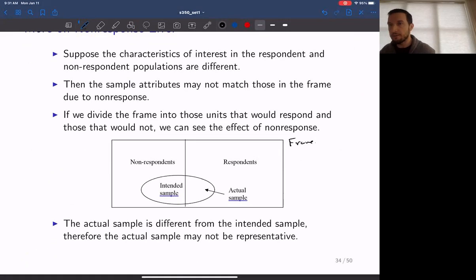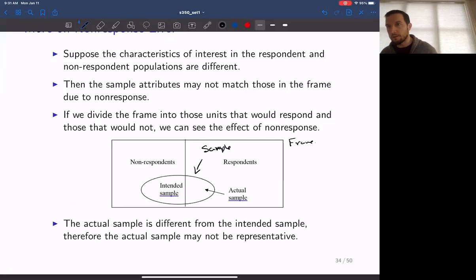And then inside of the sampling frame, we have our actual sample, which is this elliptical shape down here. Let's just say for clarity, this whole thing is the intended sample. We wanted to collect this entire elliptical shaped object. We wanted the whole thing.